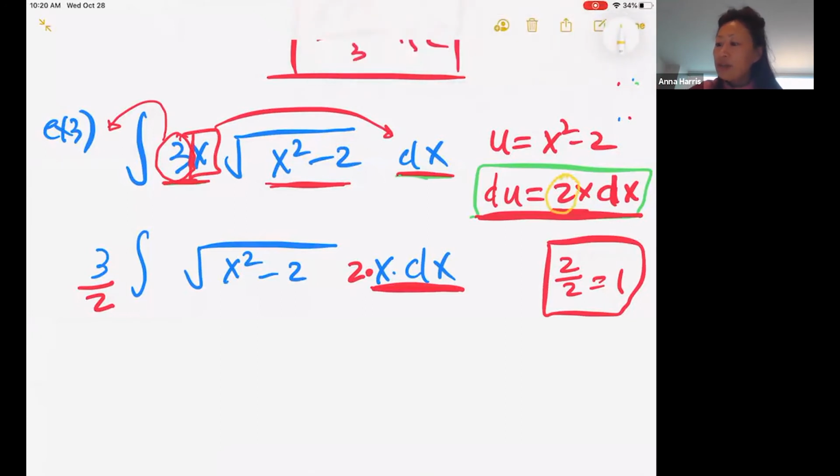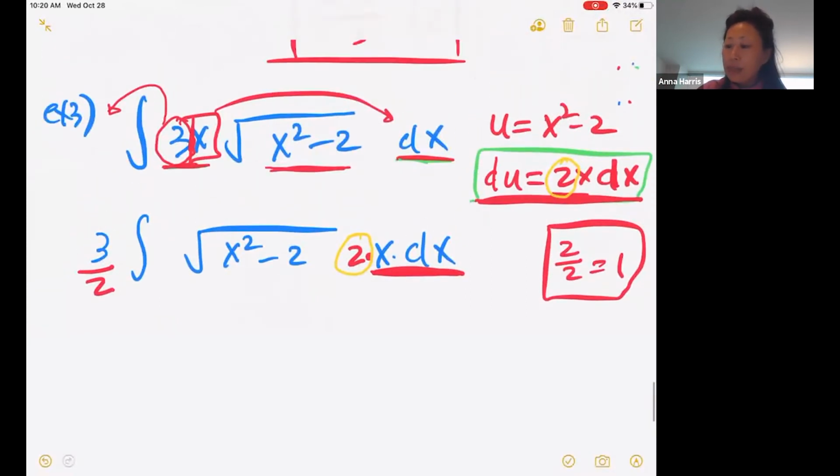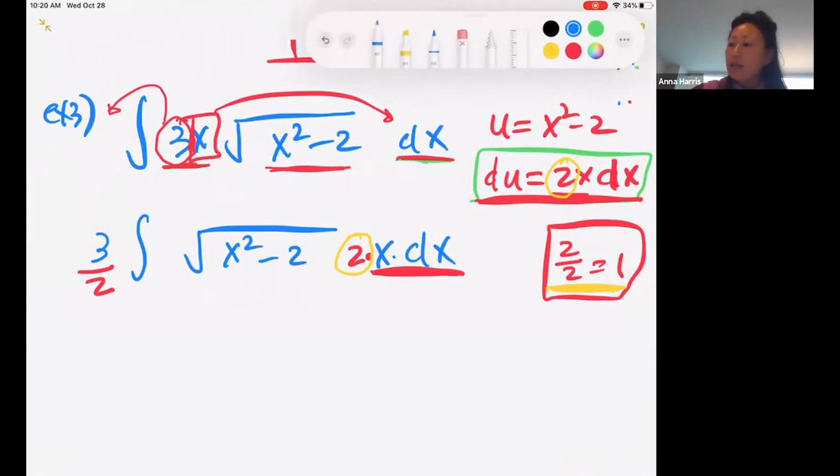Since I multiply by 2, that means I have to divide by 2 also. Just like 2 divided by 2 is equal to 1, I'm not changing my problem, because 1 is the identity of multiplication. Anytime you multiply by 1, your problem does not change. So now we got exactly what we wanted.